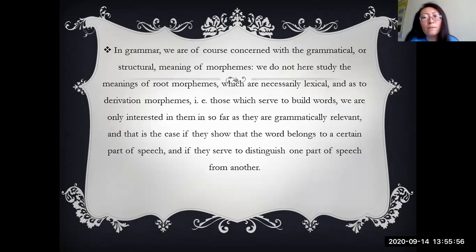We don't here study the meaning of root morphemes, which are necessarily lexical, and as to derivation morphemes, those which serve to build words, we are only interested in them insofar as they are grammatically relevant, and that is the case if they show that the word belongs to a certain part of speech, and if they serve to distinguish one part of speech from another.